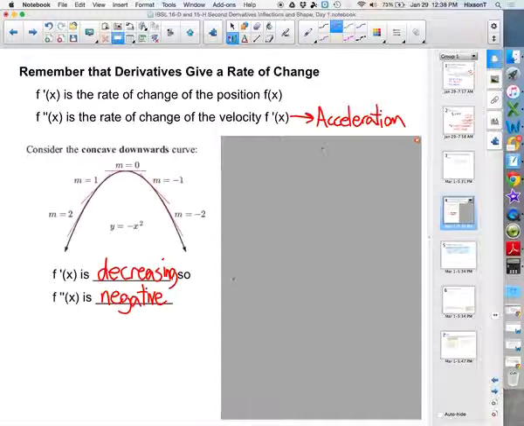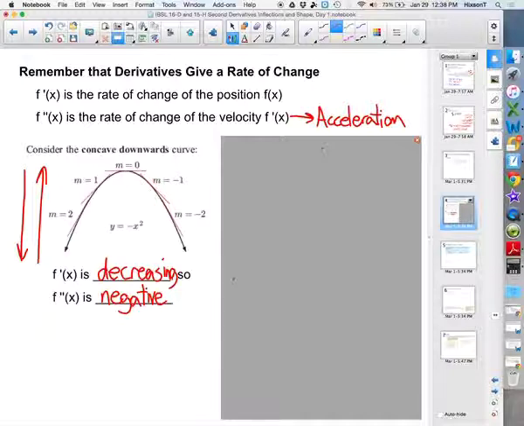The fact of the matter is, with this function, our second derivative is constant. This has a constant slowing down. And understand this, when we're talking about slowing down, we're talking about our velocity moving towards the negative direction. So this is speeding up, this is slowing down, because we're talking about velocity, not speed.